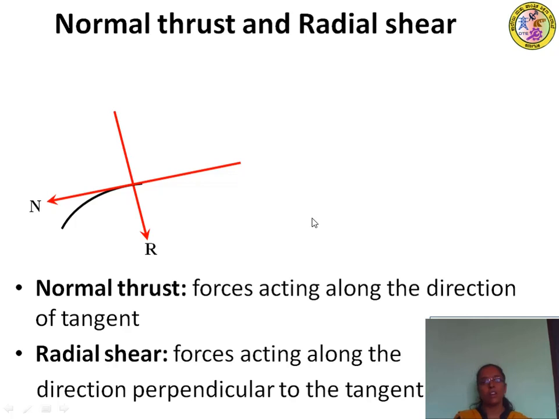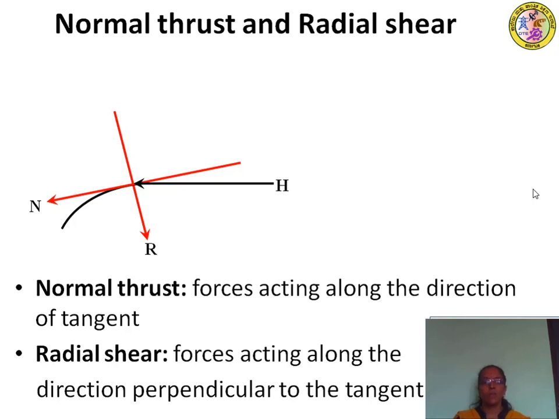So how to find normal thrust and radial shear? We have considered a part of an arch, and a section at this point where we have to find normal thrust and radial shear. After considering the reactive components and the applied loads, let us assume that this is the net horizontal force.